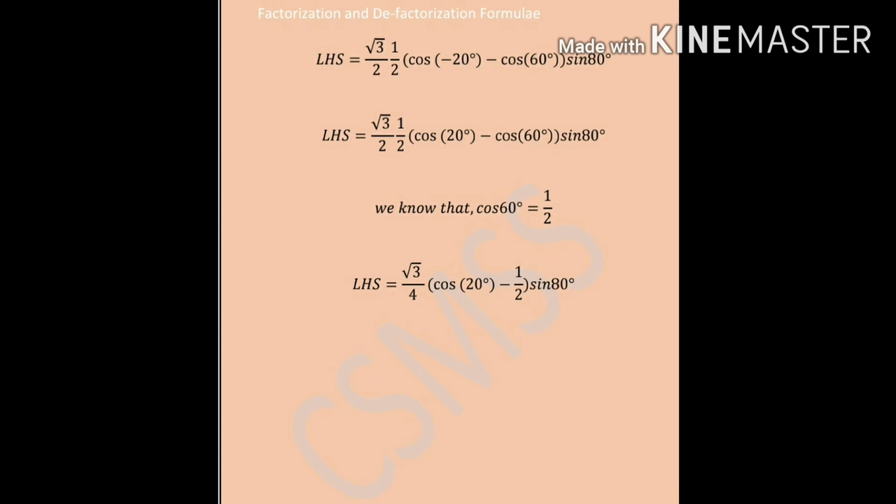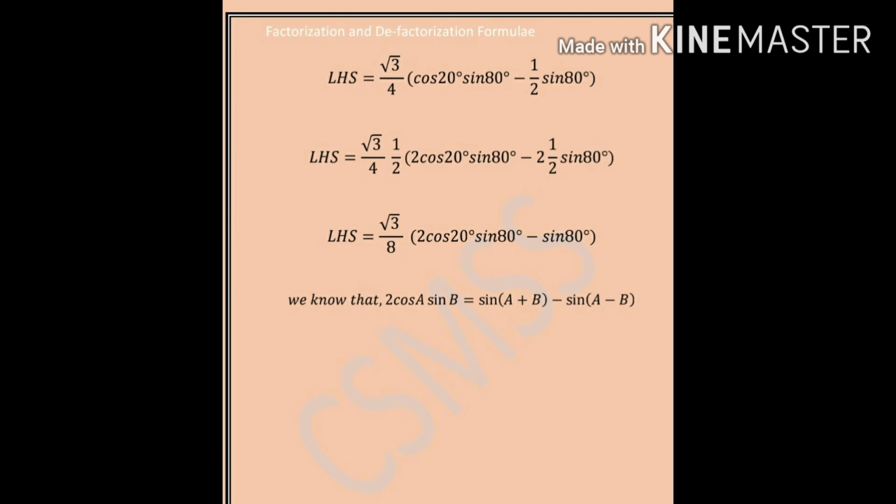That is LHS equal to root 3 by 4 in bracket cos 20 degree minus half in bracket close into sin 80 degree. LHS equal to root 3 by 4 in bracket cos 20 degree into sin of 80 degree minus 1 by 2 into sin of 80 degree.